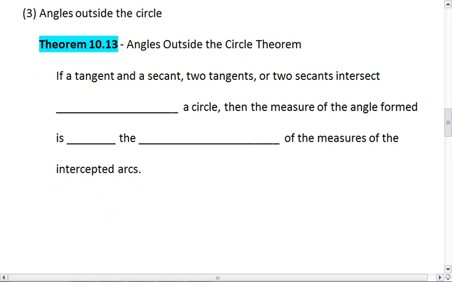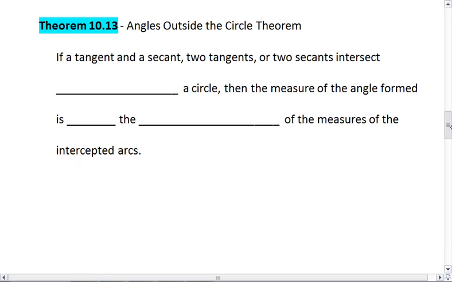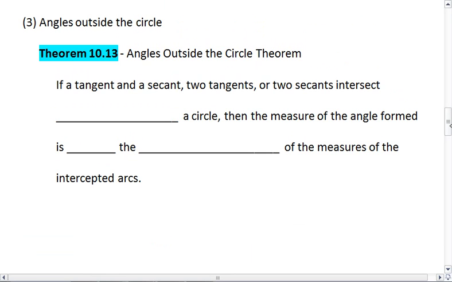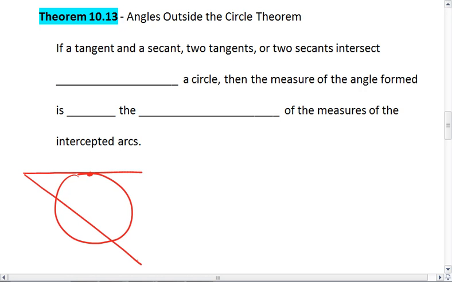Angles outside the circle are a little bit different. This gives us theorem 10.13. This is the angles outside the circle theorem. If a tangent and a secant, two tangents or two secants, so this is covering 3 cases here. This is covering a tangent and a secant.